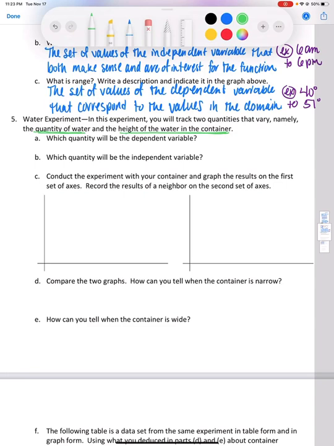Well, it turns out that the height of the water in a container, as you fill it up, depends on the amount of water that's in there. Okay, so which one is the dependent variable? It's going to be the height of the water in the container.